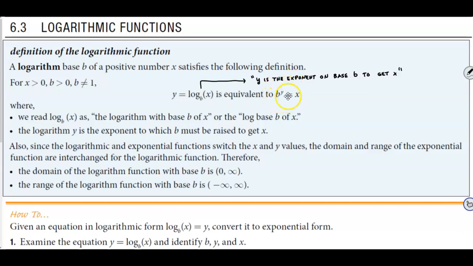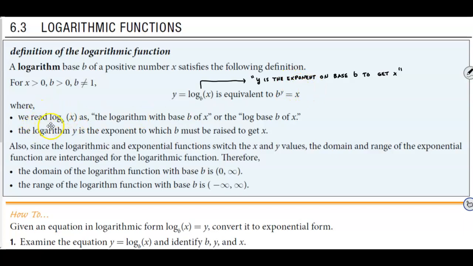The equal sign is to get x. So we can reread it the same way on this side. We can say that y is the exponent on this base b to get x. So if you read that to yourself a few times, it's going to make a lot more sense and easier for you when you start translating this information. So make sure you take a look at that quote.